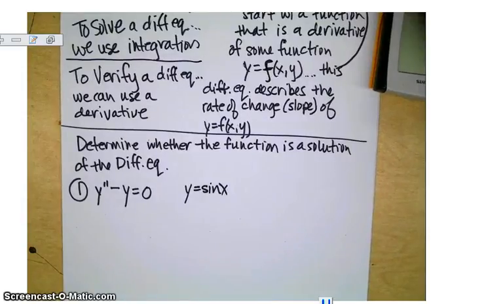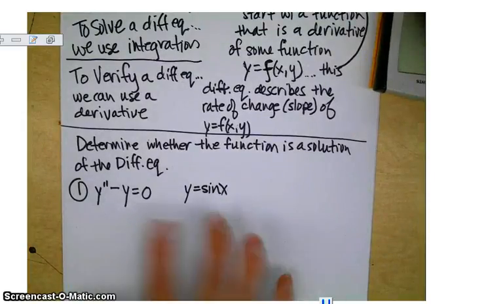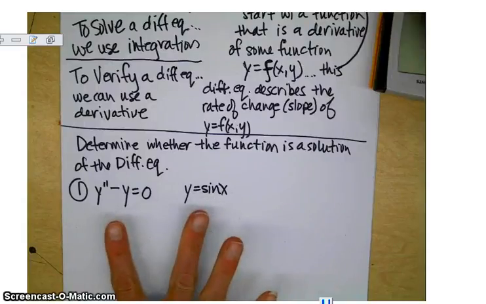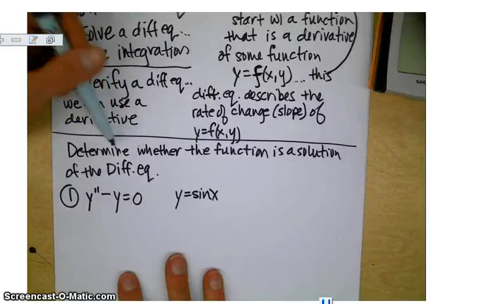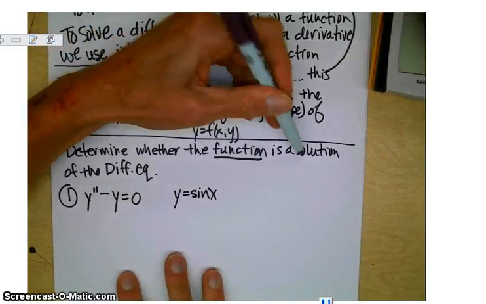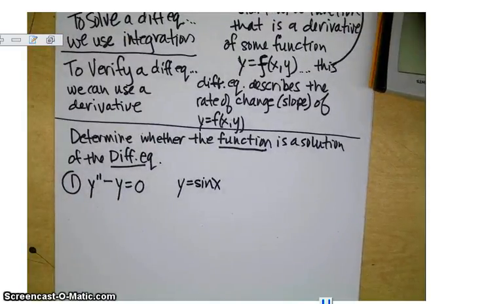So how do you know, here are the directions and this is the problem, how do you know which one is the differential equation and which one's the solution? Because there's two things. Determine whether the function is a solution to the differential equation. So which is the function, which is the differential equation? How do you know that?